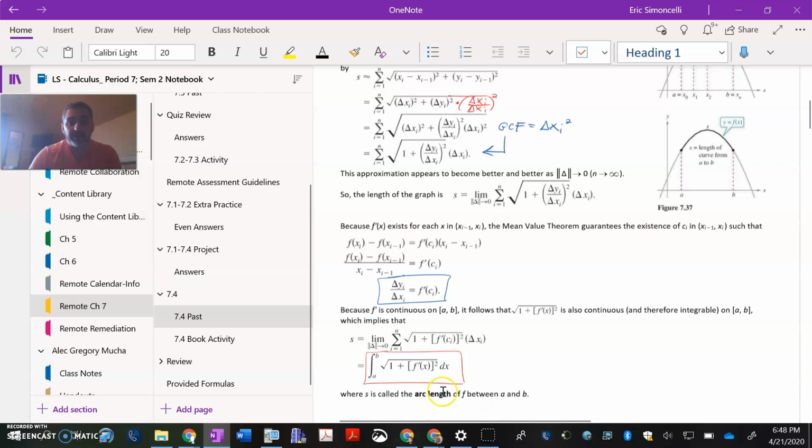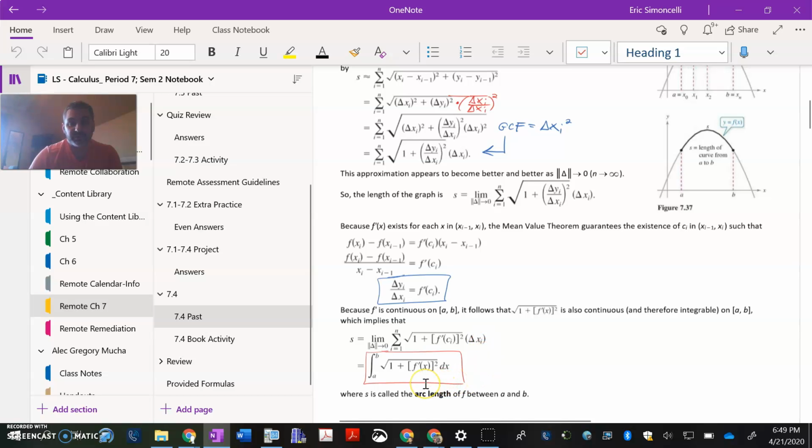But from there, and this is where the limit kicks into gear, S is equal to the limit as the norm approaches 0 of the sum from 1 to n of that square root. So it does again come from the idea of the distance formula, manipulated a bit, of 1 plus f prime of c sub i quantity squared times delta x sub i.